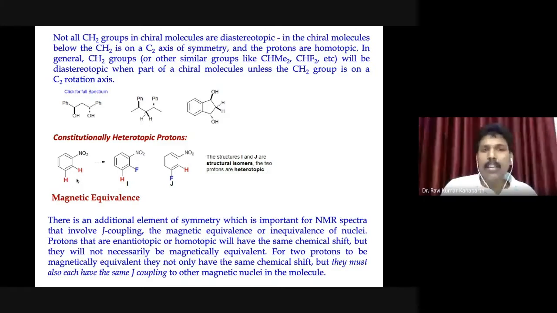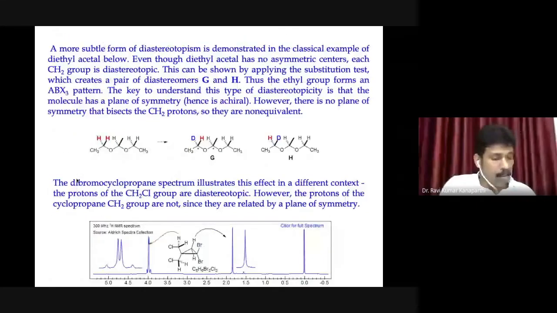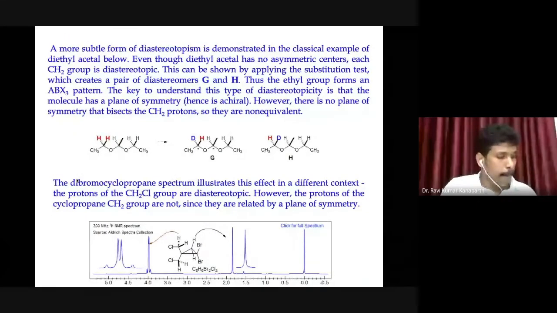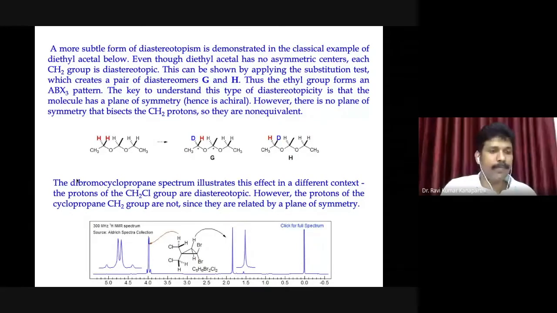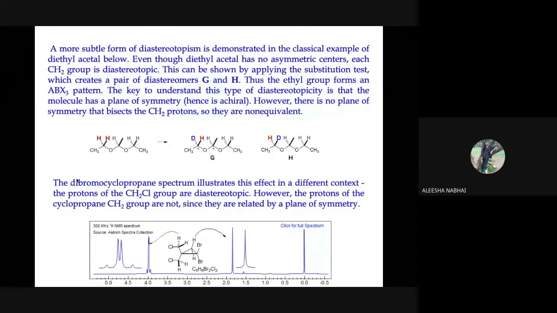Okay, there is another symmetry element which I would like to introduce here, that is magnetic equivalence. We have already learned what magnetic equivalence is. Maybe we can try to refresh our memory, or maybe let me ask one of you what exactly magnetic equivalence is. So let me call Alicia. Are you there? Alicia. Yes, sir.